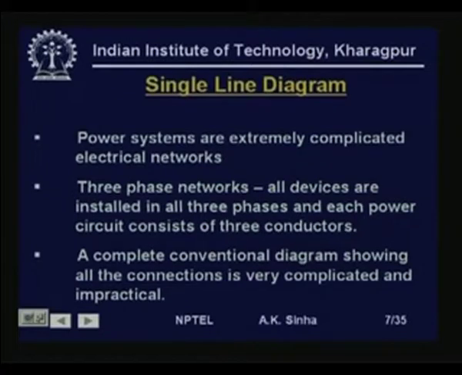Well, as we have said in lesson 1 earlier, power systems are extremely complicated electrical networks. In fact, they are most probably the most complicated man-made systems. Another problem with these power system networks is that we always deal with three-phase networks. That is, all the lines are three phases, means each power circuit consists of three conductors.